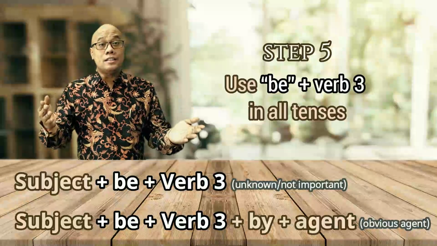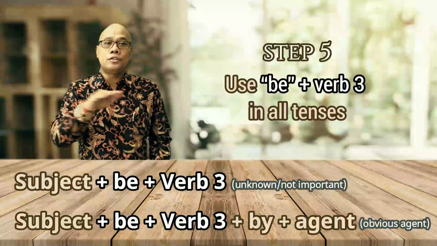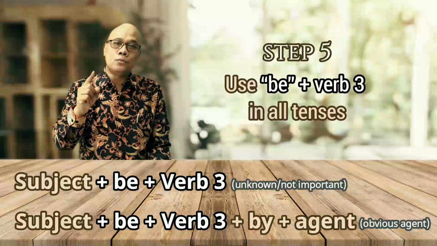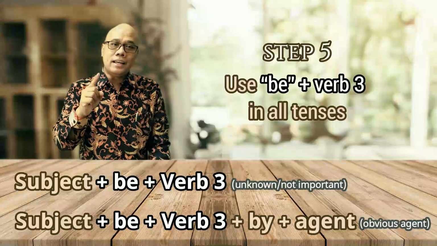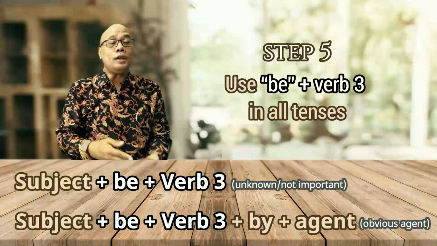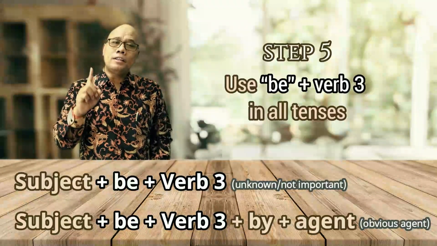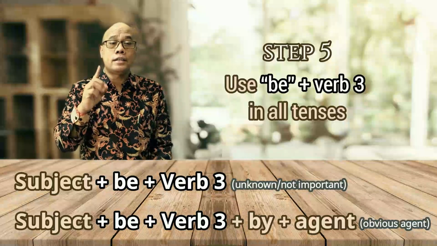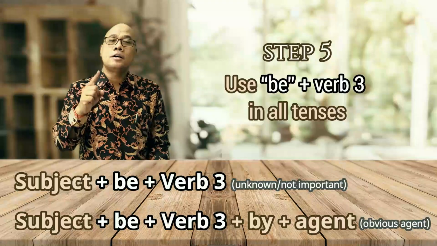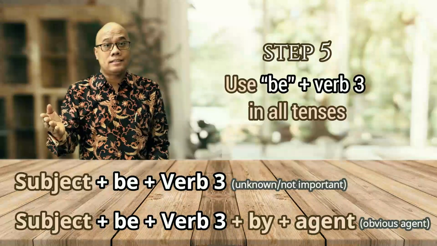So when the agent is clear or obvious, we can use it in the passive voice. So the sentence will be, an essay is written by Mumtaz. So please always remember that the passive voice always uses the combination of be plus past participle verb, or verb 3.